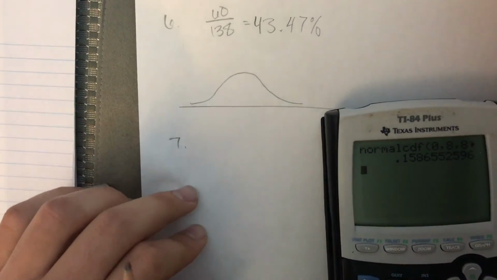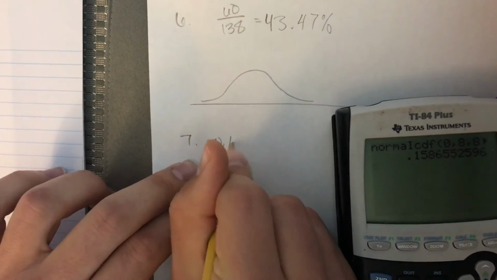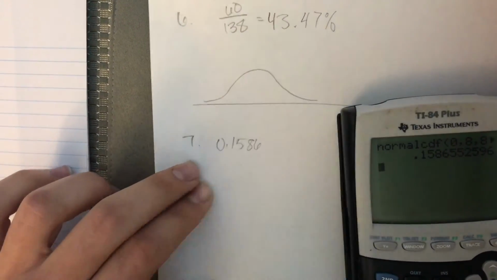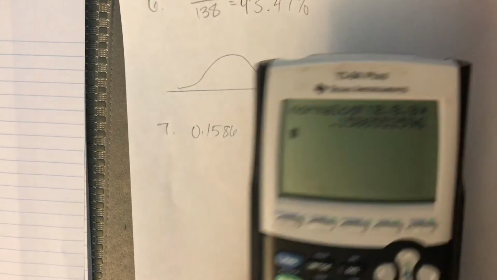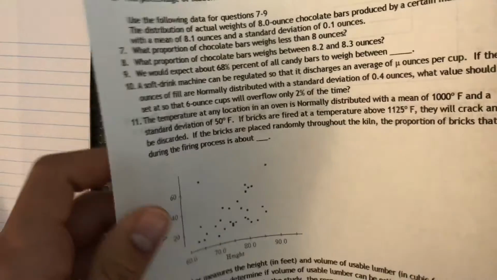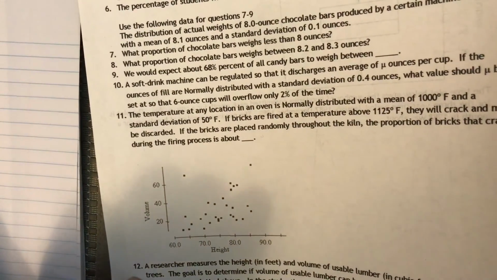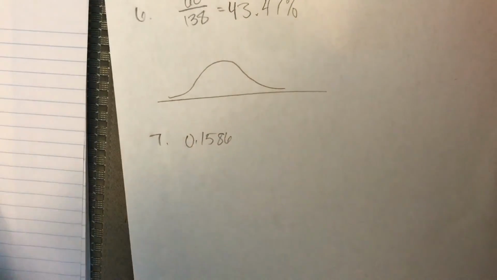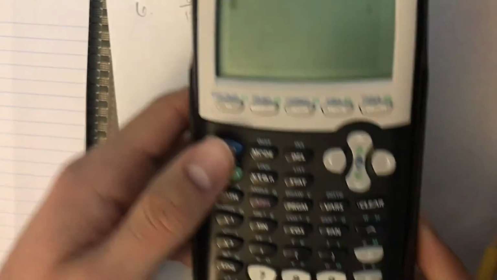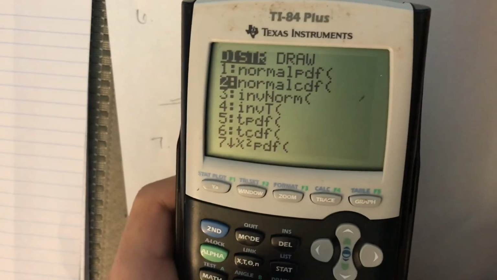For number 7, the proportion that weighs less than 8 ounces is going to be 0.1586. Then for number 8, it asks, what proportion of chocolate bars weighs between 8.2 and 8.3? You're going to do basically the same thing. You do second vars, normal CDF again.